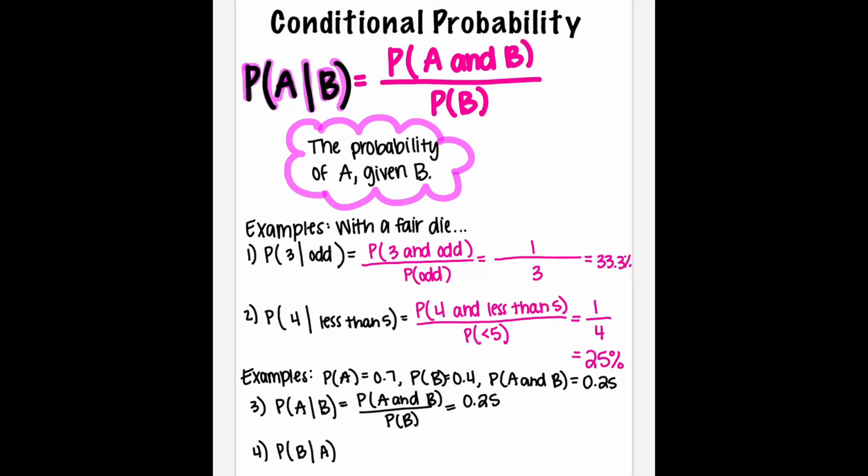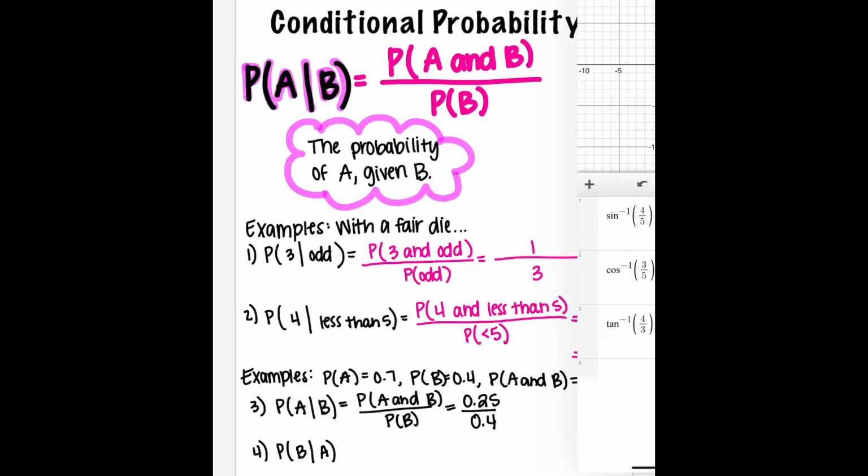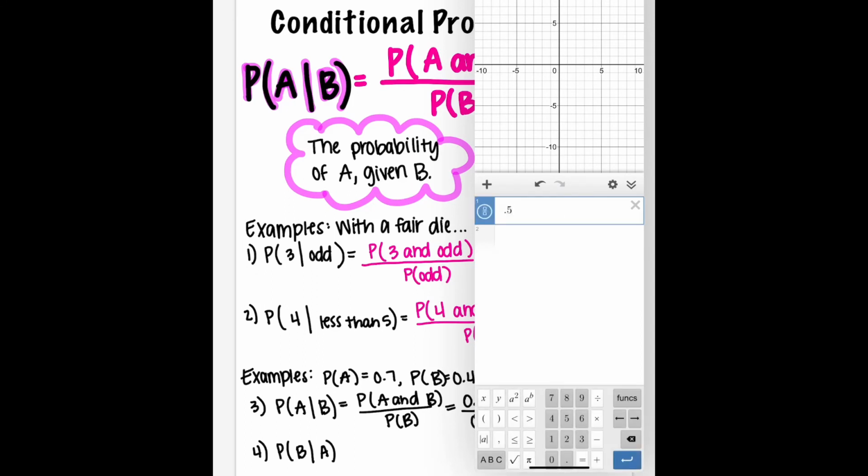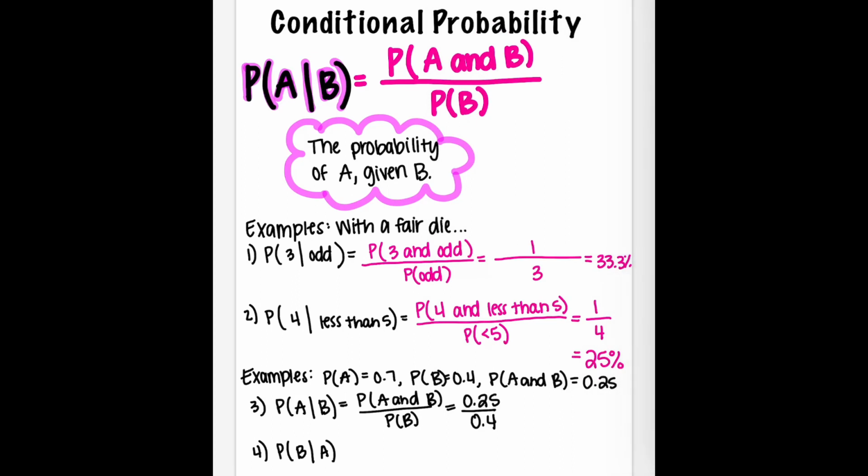All right, well, the probability of A and B is 0.25. We were given that information. And the probability of B is 0.4. So really what this is telling us is that 40% of the time B occurs, and only 25% of the time A also occurs with B. In this case, we would use a calculator to divide 0.25 divided by 0.4, and you get 0.625.